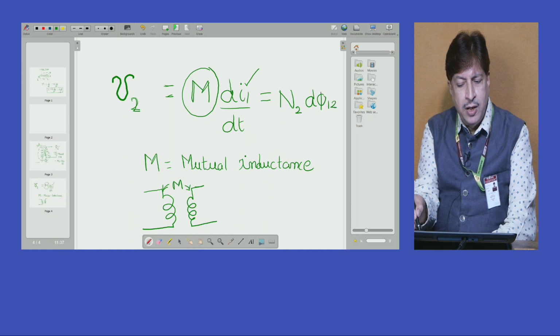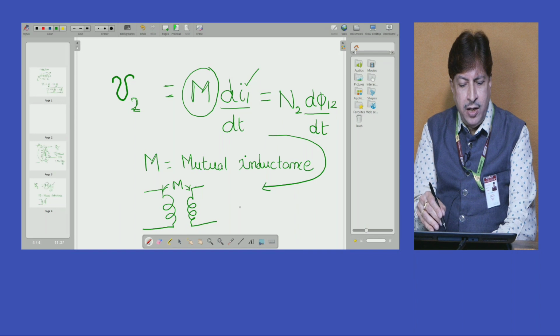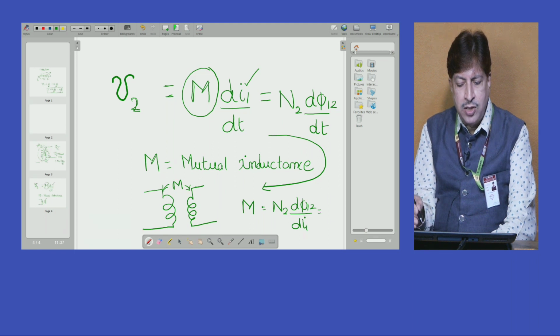Once we equate these two expressions, from this we can write M is equal to N2 d phi 12 by di1, or we can generalize this as N2 phi 12 by I1.